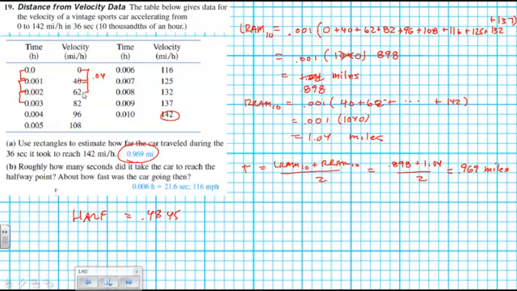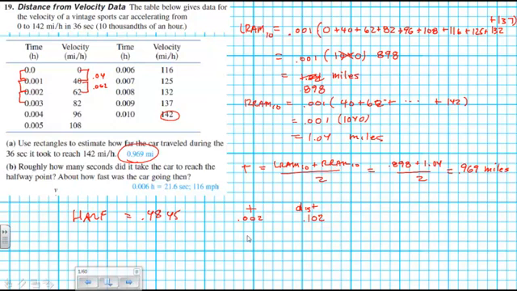How about when we go another thousandth of a second? We would add another 0.062, so at the end of 0.002 seconds, the distance would be about 0.102.